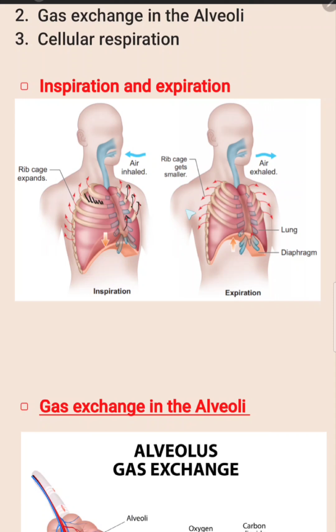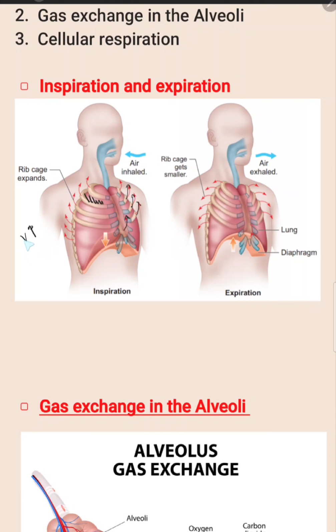As a result of the diaphragm contracting, its curvature reduces. As a result of all those processes, the volume of the thoracic cavity increases. What are the processes? The sternum moves forward and the ribs move upward. All the muscles get contracted.